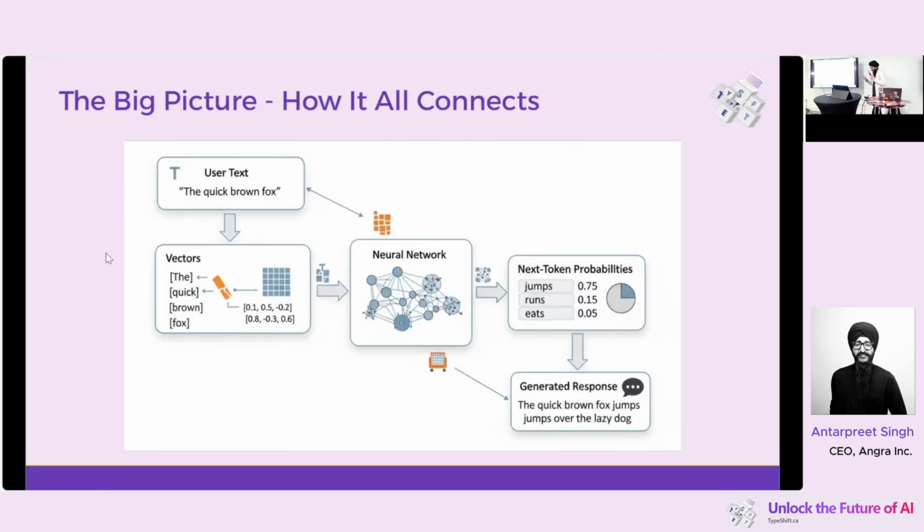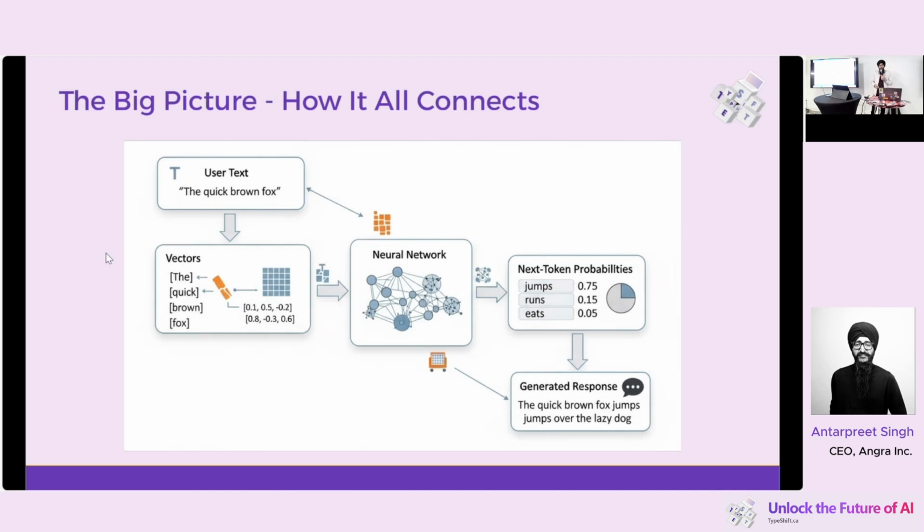So basically, this is the overview of what we discussed so far. A user sends a request, let's say a quick brown fox. It gets converted into tokens, token IDs, numbers, and then to vectors. Each of these vectors has embeddings stored in the database that get sent into the neural network, and the model itself has its own embeddings.